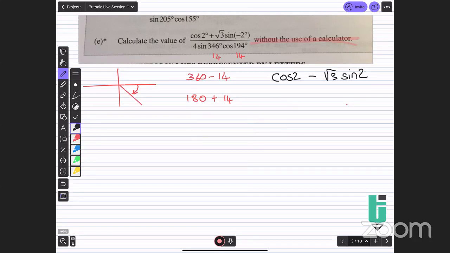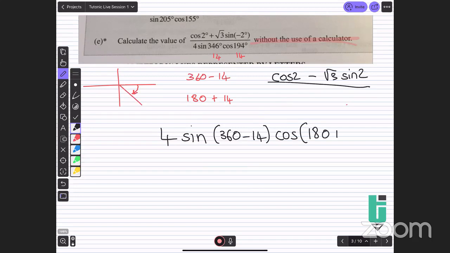Let's work with the bottom one first, because I'm not sure what's happening at the top. So 4 times sine of 360 minus 14 times cos of 180 plus 14. Do you guys see that?